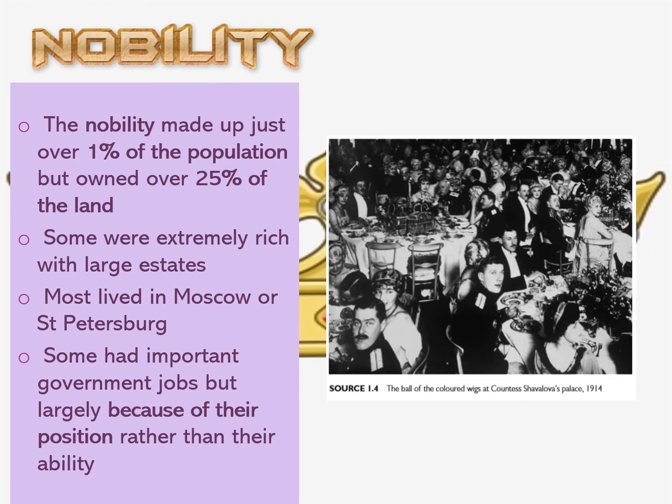Which quite often meant, for the Tsar anyway, a lot of his advisors and a lot of the people that were important for the rule of the country were not necessarily the best for the job. And there was no real way for anyone else to get into that position and develop.